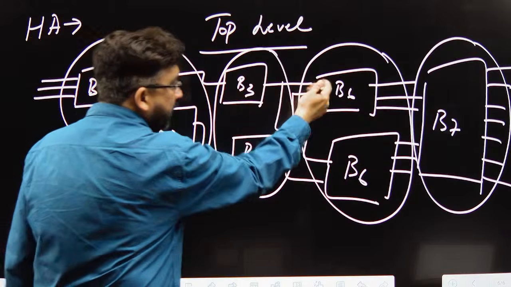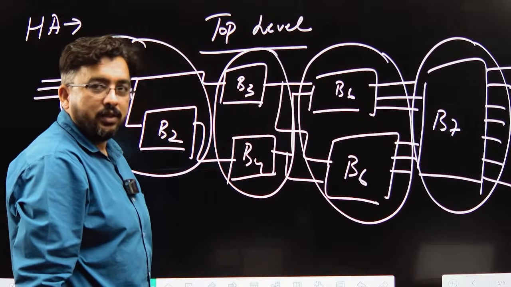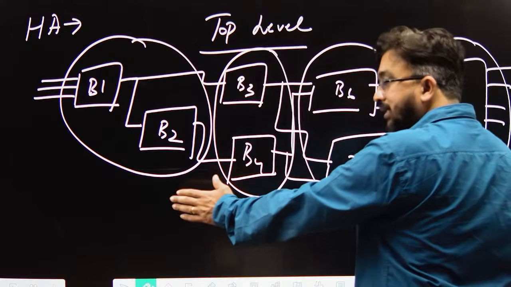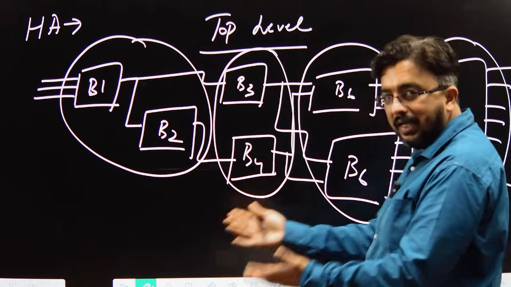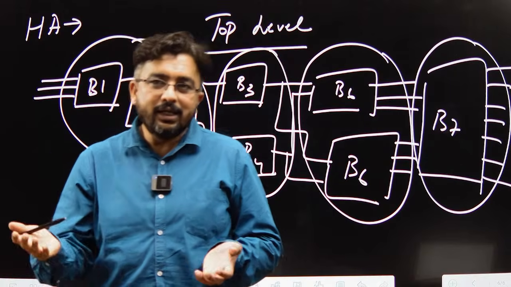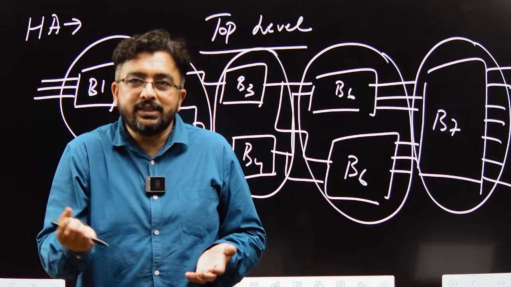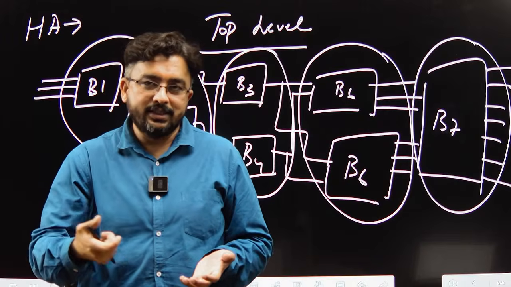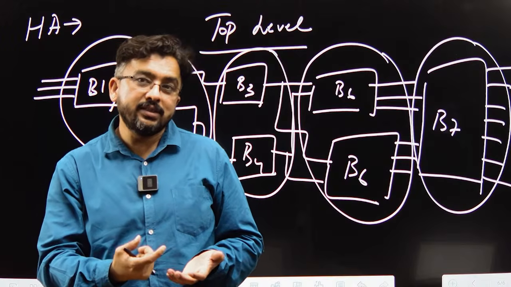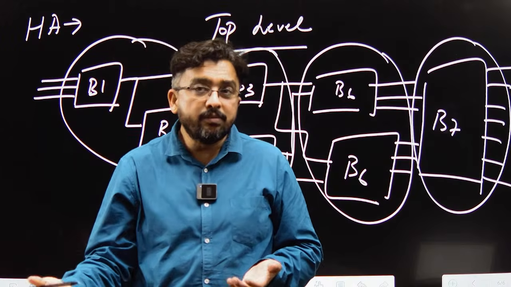Here this output becomes the input of this block. So this is basically called top level, and this top level is also known as the gate level. But why is it called a gate level? Because in the beginning we will learn calling the gates. Those gates will definitely give some output.